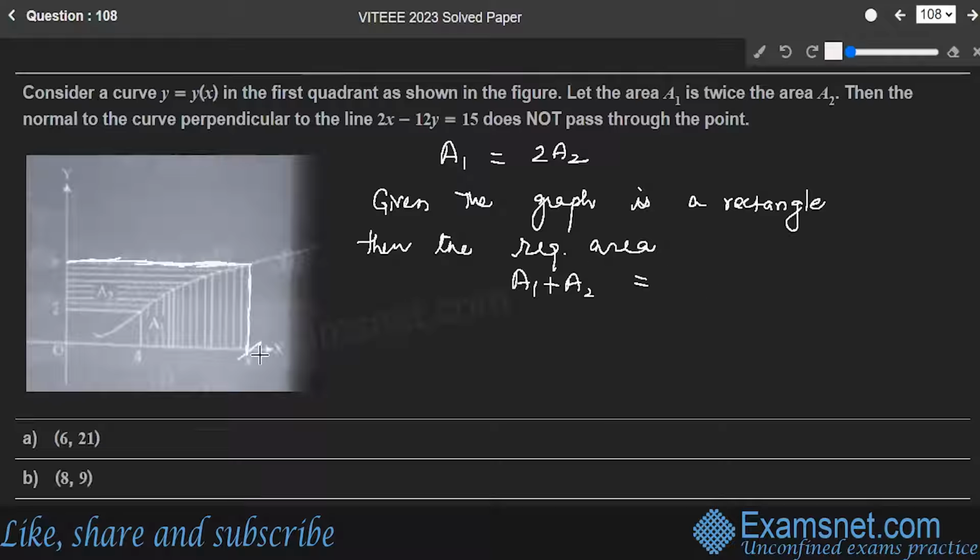Here this is x, till here you have 4, this is 2, and y. So this is equal to xy minus 4 into 2, that is xy minus 8.